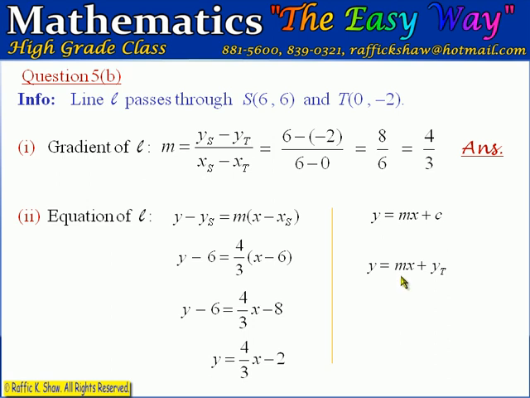And so we can go ahead and place a value for m, which is 4 divided by 3, and yt, the y-axis intercept, negative 2. And we see that the equation of the line is simply y equals 4 divided by 3x minus 2. And that's the same result as here. And that's the answer for part 2 of question 5b.